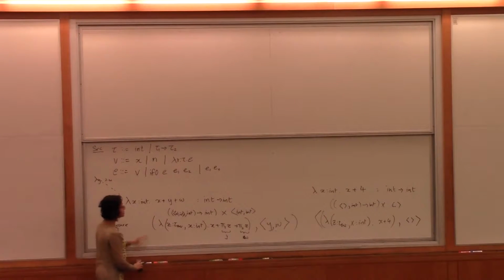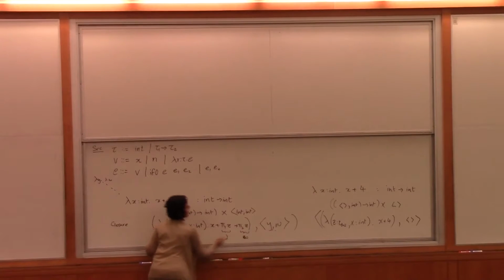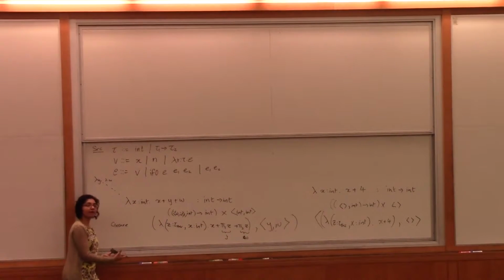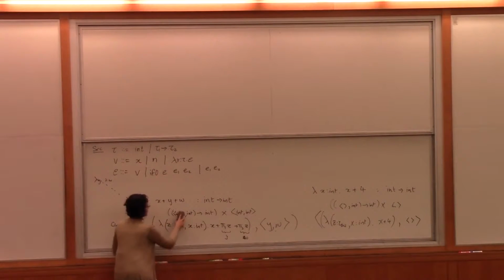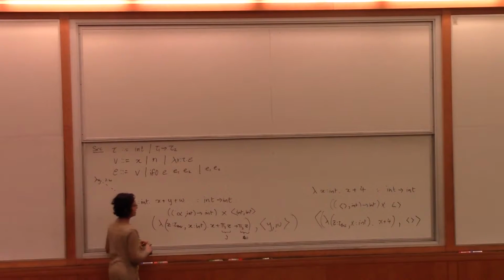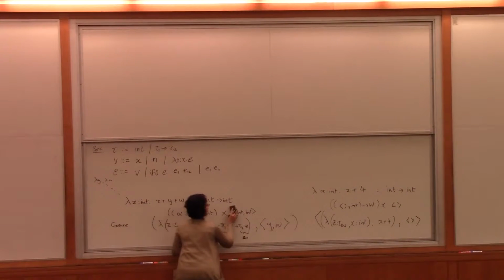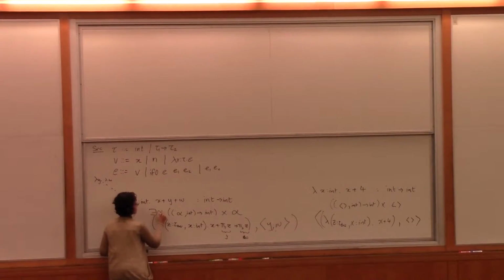So what we're going to do is we're not going to just produce this pair. We're going to take this pair and wrap it up into an existential package, okay? And the basic idea is that this int arrow int function, instead of having that there, we're going to have an abstract type environment that it takes as an input, and we're going to put the type alpha to represent the type of the environment, and we're going to put an existential out here.